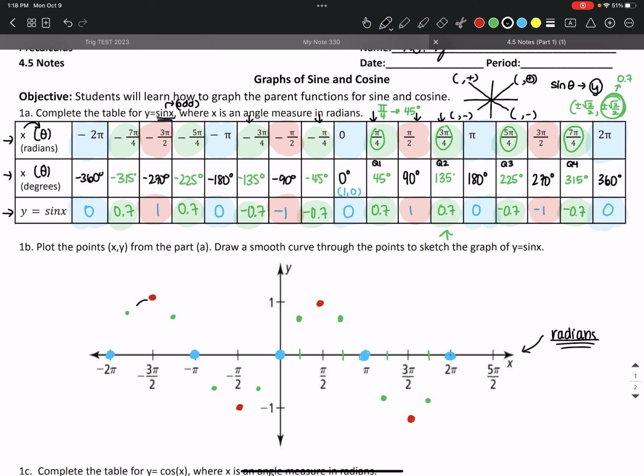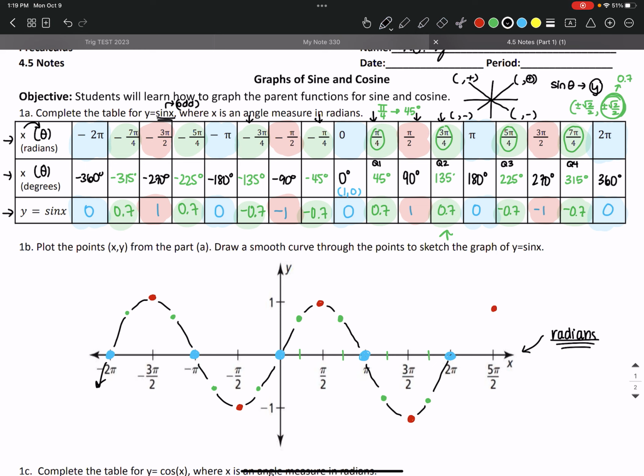So this is what my graph is going to look like. It's going to look like a wave. I wanted to include those 0.707 points so I could see that everything was going back and forth. But I need to know that it's not straight lines, it's curves that this is happening in. If I were to continue this pattern, I know that at 5 pi over 2, I would have another point at 1.